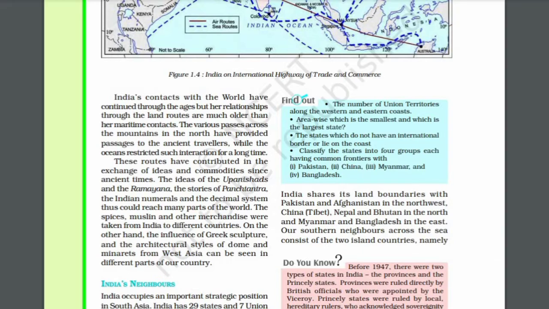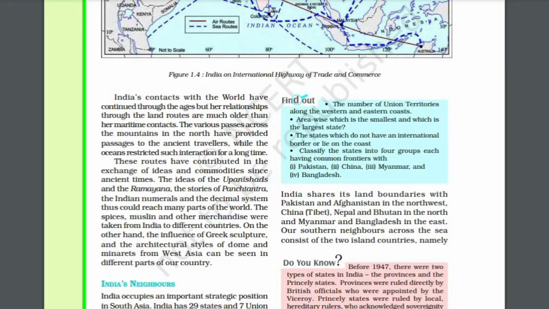How have these routes been useful? Ideas and commodities were exchanged during these times. The ideas of Upanishads and the Ramayana, the stories of Panchatantra, the Indian numerals, and the decimal system thus could reach many parts of the world. The spices, muslin, and other merchandise were taken from India to different countries.